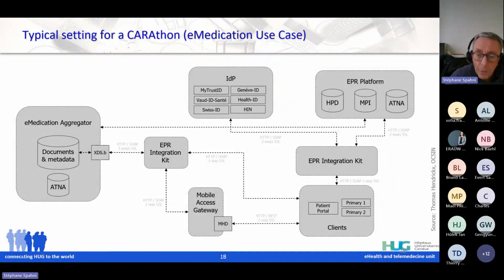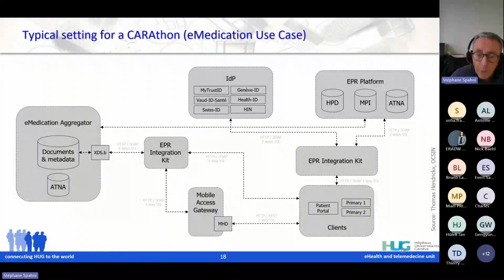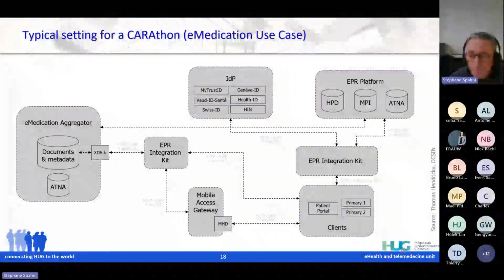It has also another functionality, which is to help the primary systems implementers in the early phases by providing a certain number of functionalities, especially linked to the IDP, where they can simulate the user's authentication and all the burden of the SSL certificates.